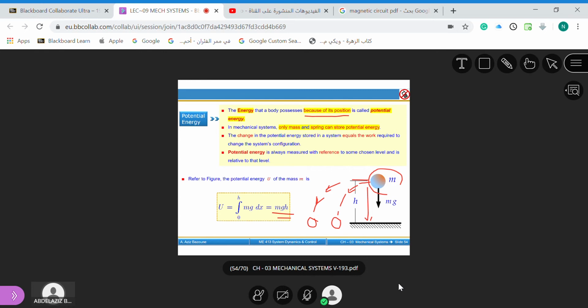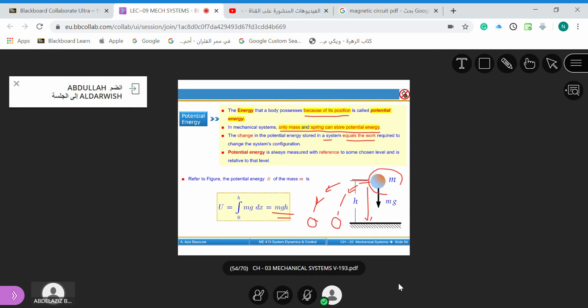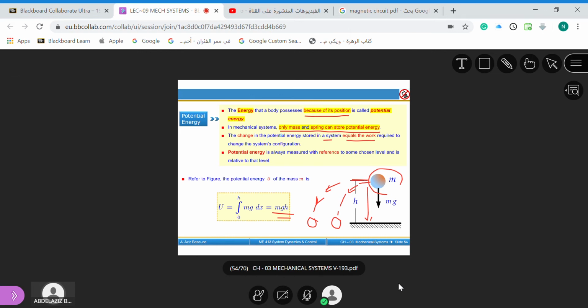So for mechanical energy, only mass and spring can store potential energy. The change in the potential energy stored in a system is always equal to the work required to do the change in the system configuration. When we talk about potential energy, we have to specify a datum, which is extremely important, or reference.